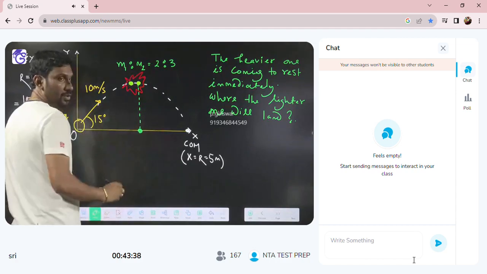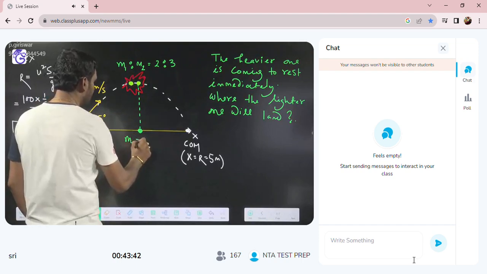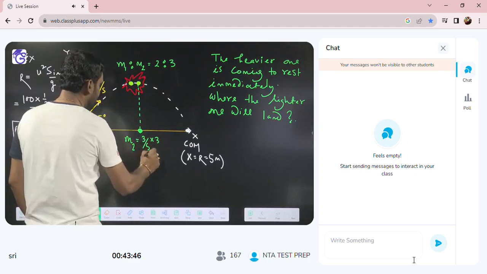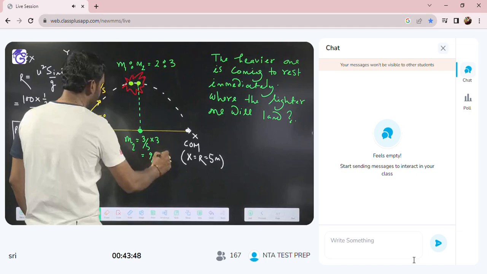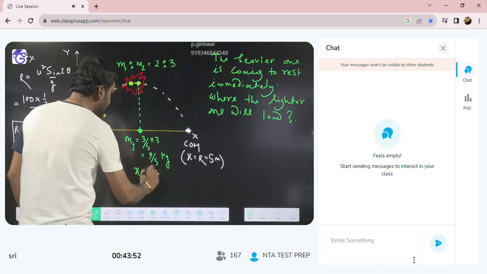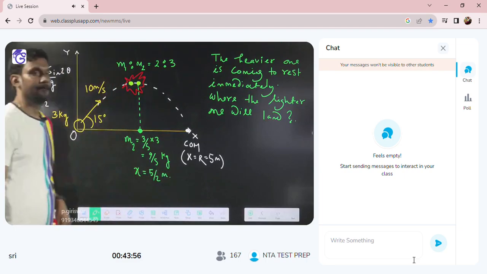Now, what is this mass? This mass M2 is equal to 3 by 5 into 3, that is equal to 9 by 5 kg. And where is it landing? This position x is equal to 5 by 2 meter. All of you respond.